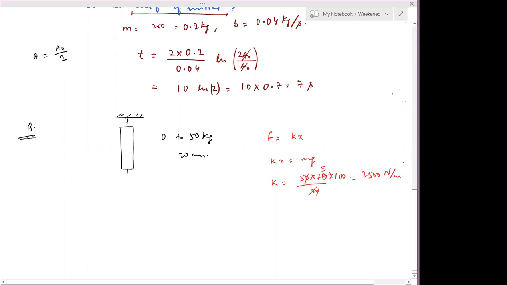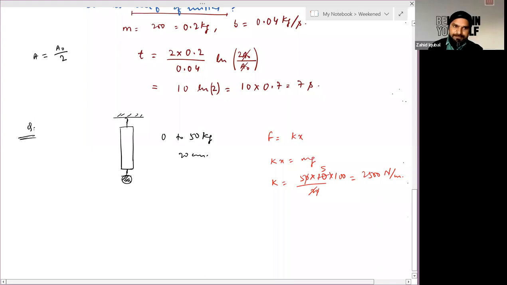Yes, sir. Now a block is attached to it, which can oscillate with time period 0.06 second. We have to calculate the weight of that particular block. Let's say mass m is attached to it and its time period is 0.06 second.